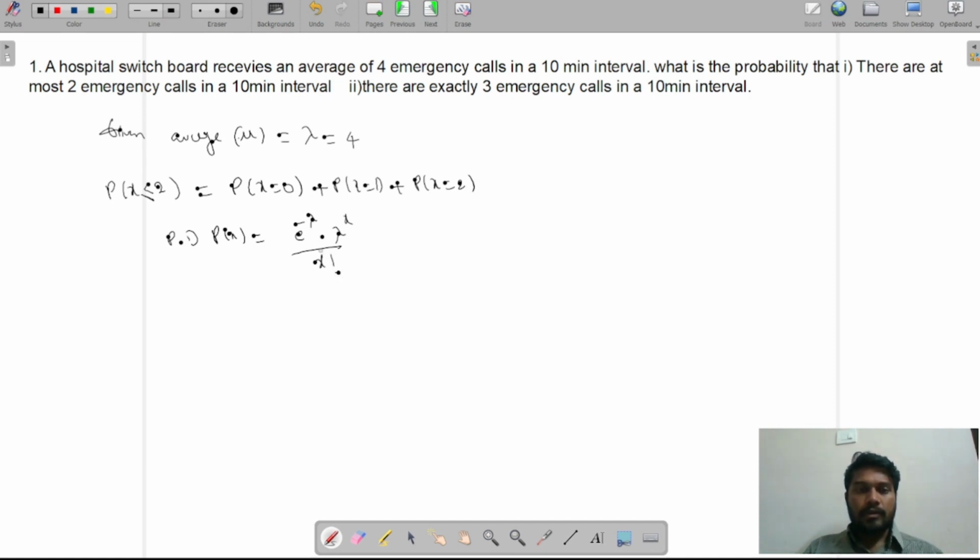So this is the formula, and in this formula I'm substituting x equal to 0, x equal to 1, and x equal to 2.